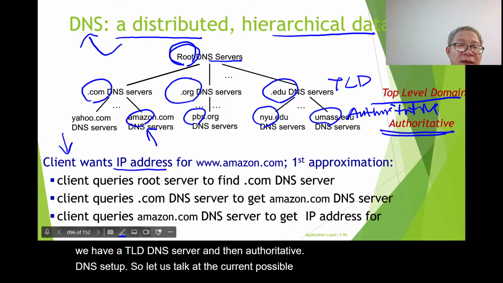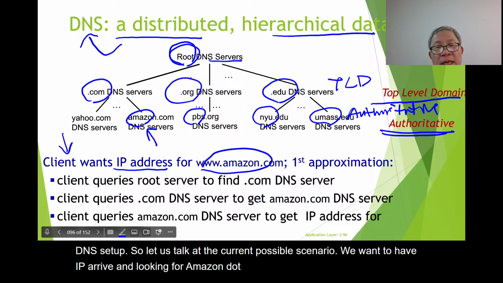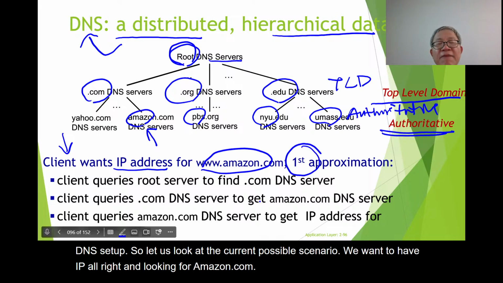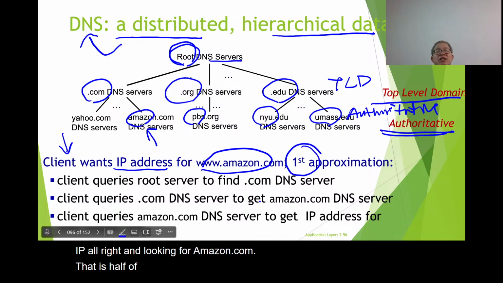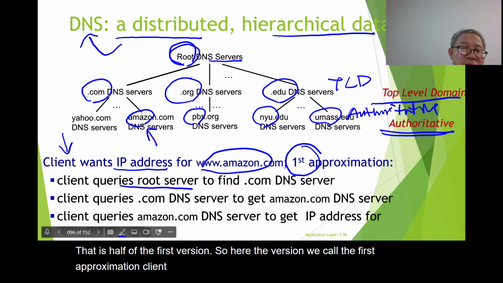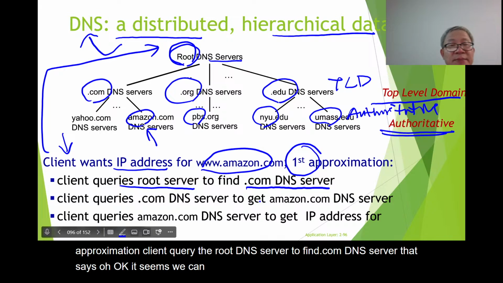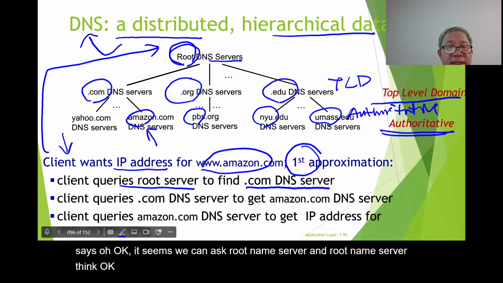So let us look at a possible scenario. We want to get the IP for Amazon.com. Let us have the first version, which we call the first approximation. The client queries the root DNS server to find the .com DNS server. The root name server says, okay, the current one is .com, so ask .com.